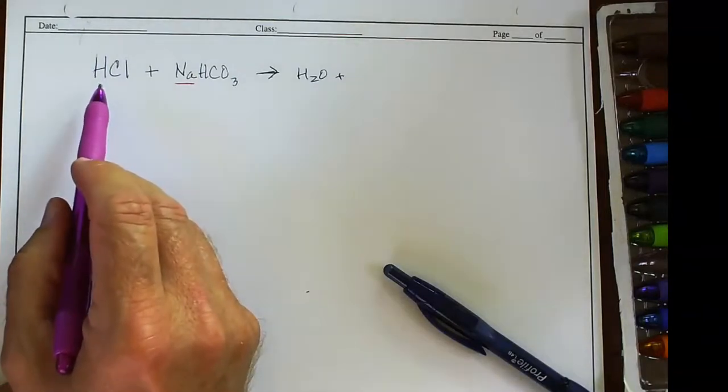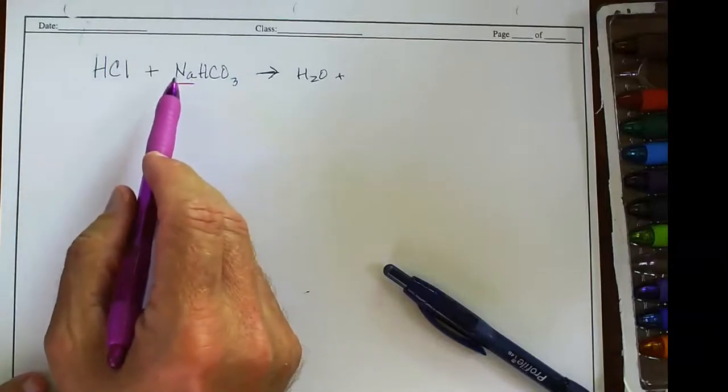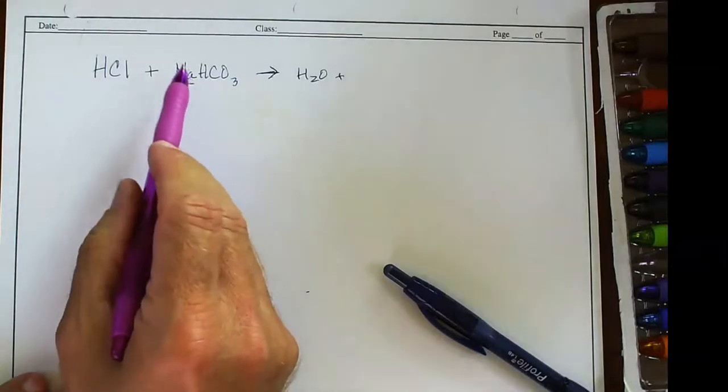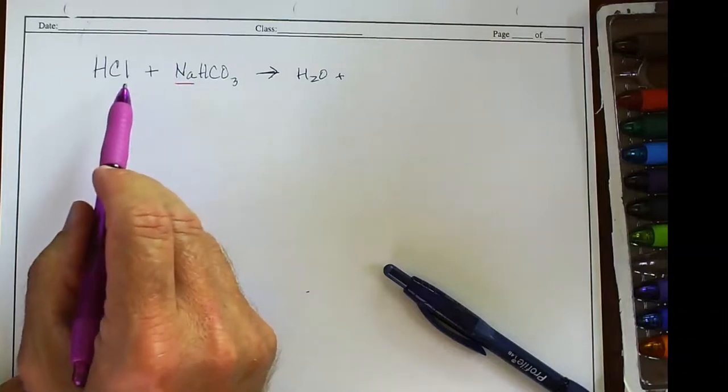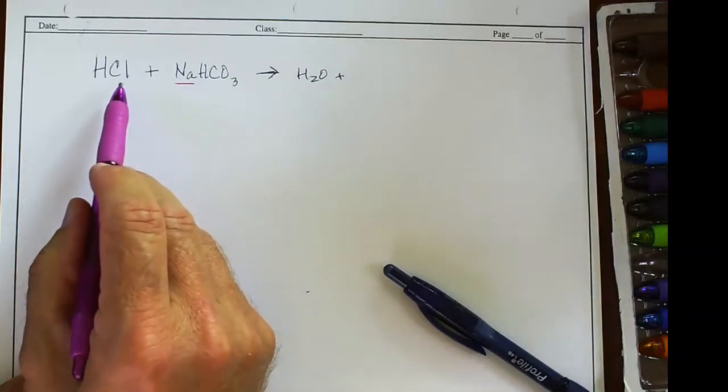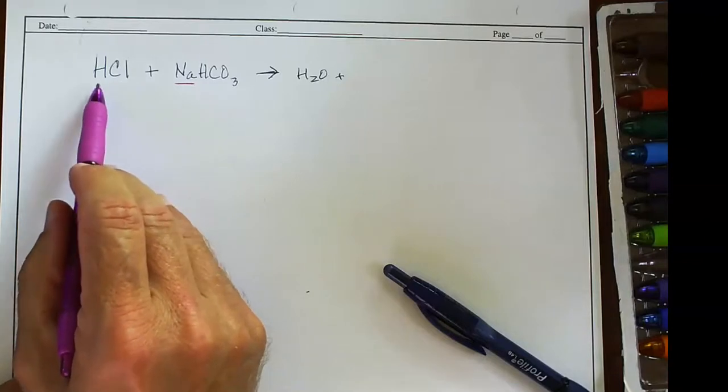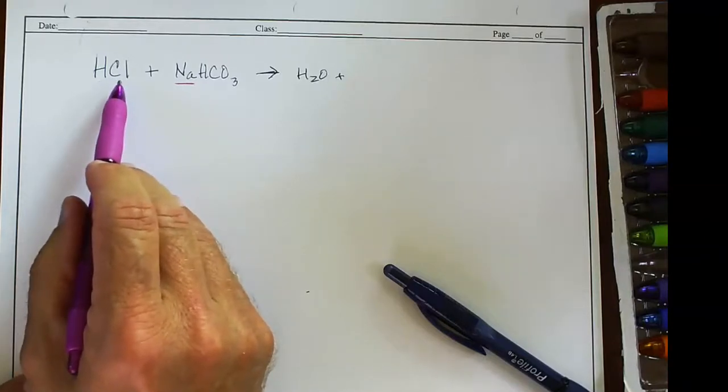Another way to say it is that the cation, which is almost always a metal from your base, gets together with the conjugate base of the acid. It's just another way to say it.